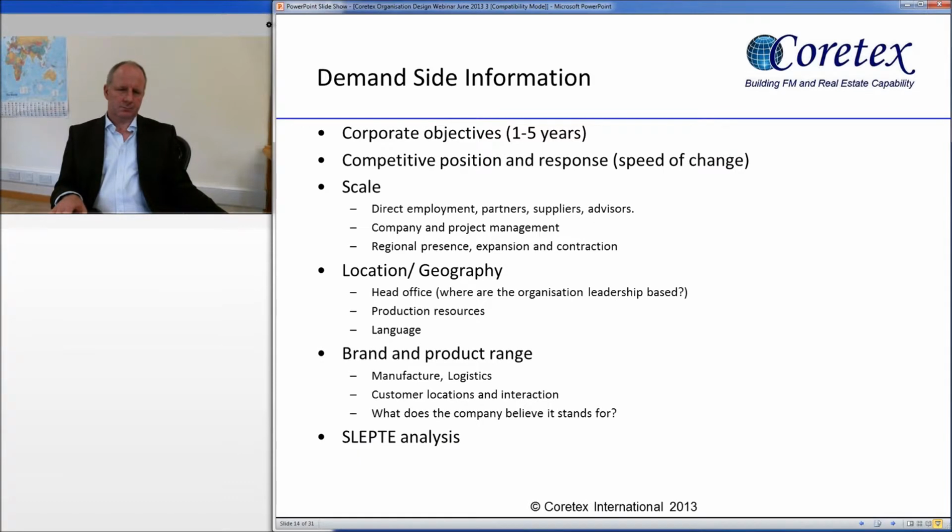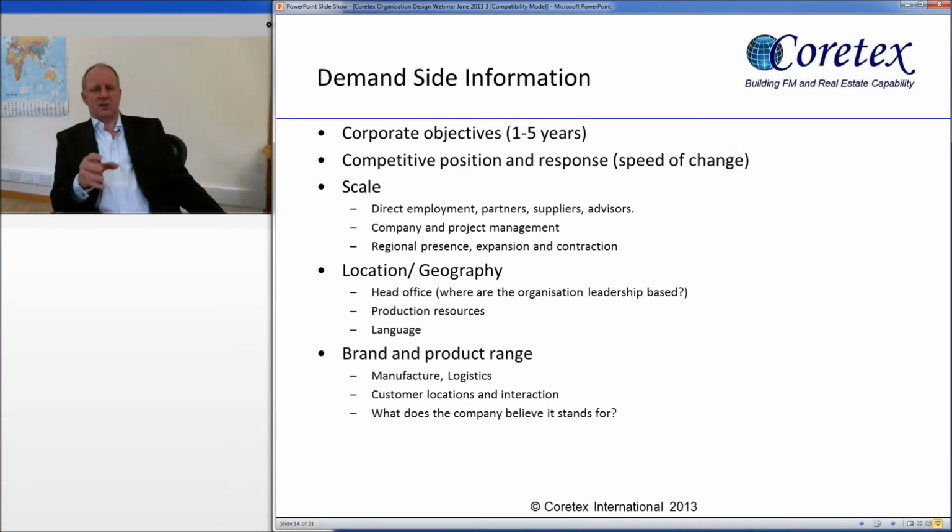Now, we did mention a few seconds ago about production resources, and it does depend on what the organization is all about here, the brand and the range of services that your customer provides. Sorry, I won't say customer, I mean your host organization. So if you're all about hygiene, if you're all about customer focus, if you're all about just in time, if you're all about whatever it is, then your organization has got to respond to that and has got to have elements that it addresses which responds to the culture of the organization.